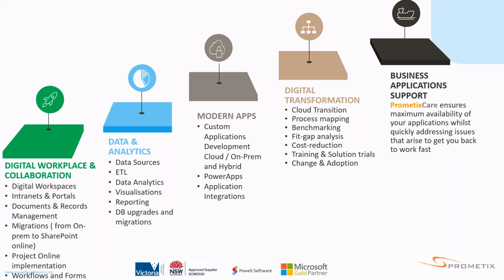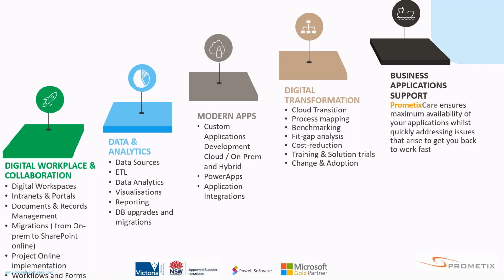Then the third vertical here is our modern apps. We develop a lot of custom apps in .NET and other platforms. And in the recent past, we have delivered a lot of applications in Power Apps and connected to Power Automate, where the workflow then delivers approval workflows to the customers. The fourth vertical is digital transformation.